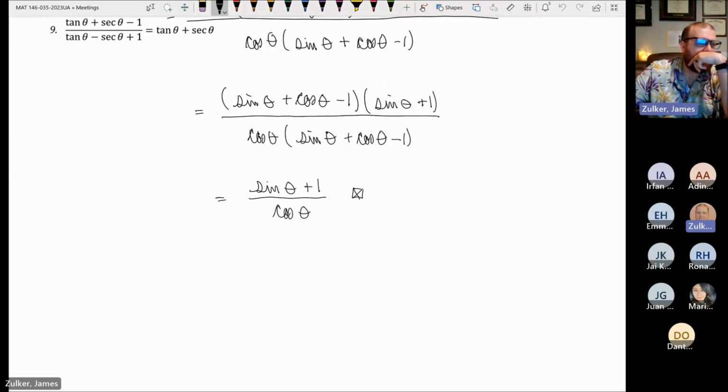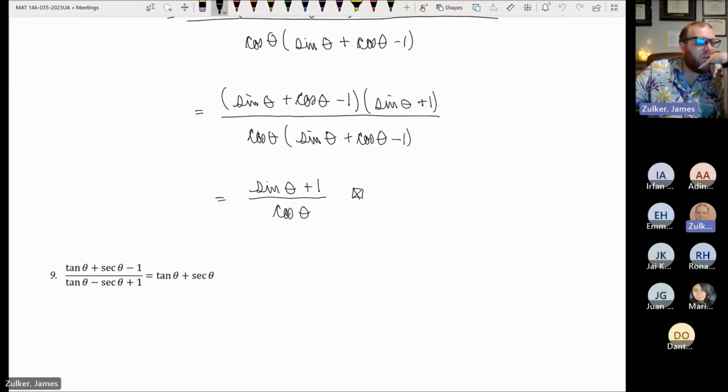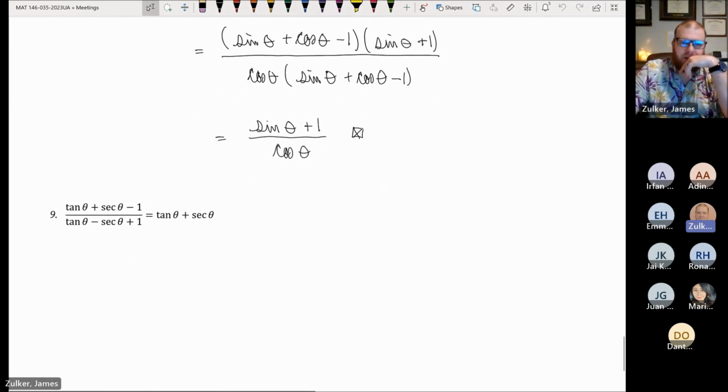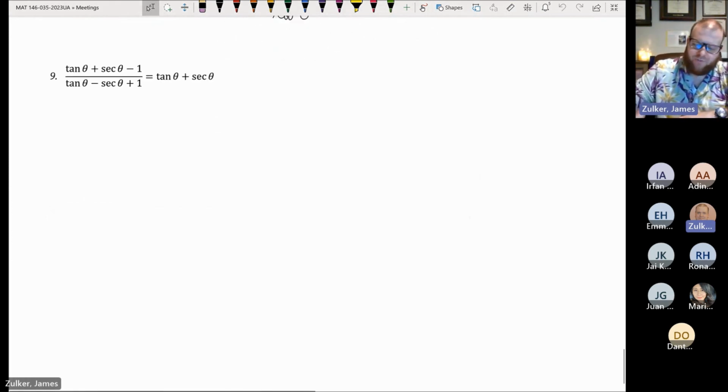Oh, there we go. Okay, so let's look here. This time I actually am going to start on the right-hand side, which is something I don't usually do.